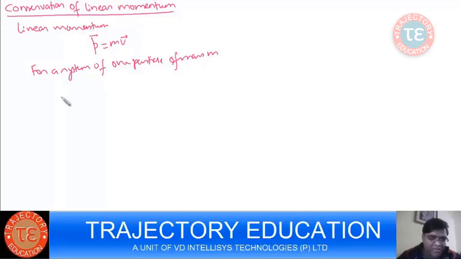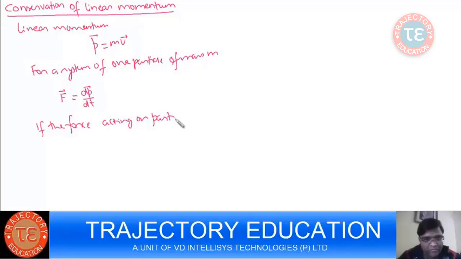Every force on a particle is an external force. Suppose you have a system of just one particle. If it is experiencing any force, this has to be external. F is the net force acting on that particle. So Newton's second law is written as F equals dp upon dt.